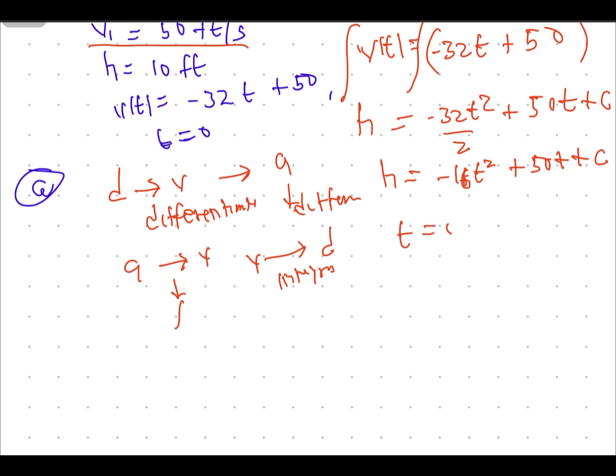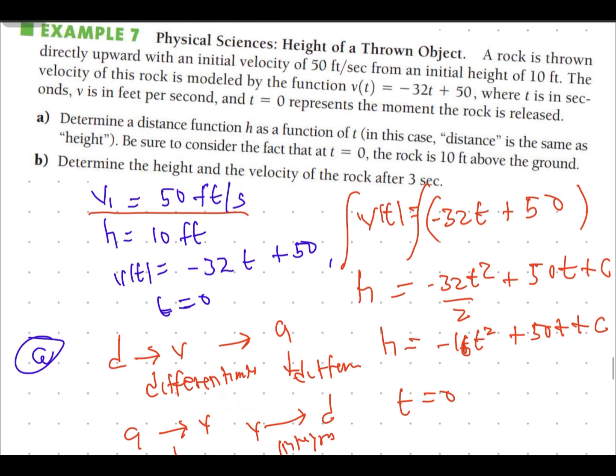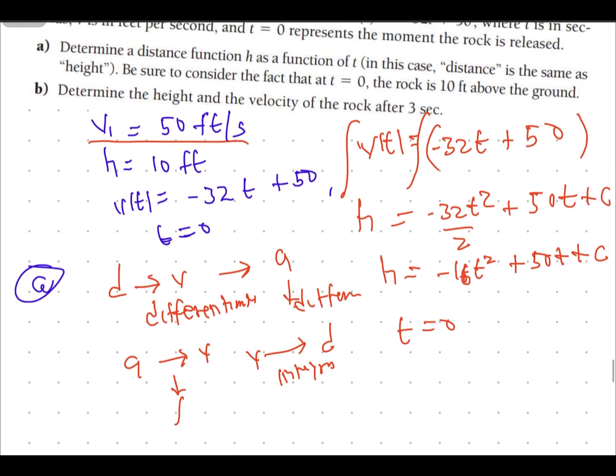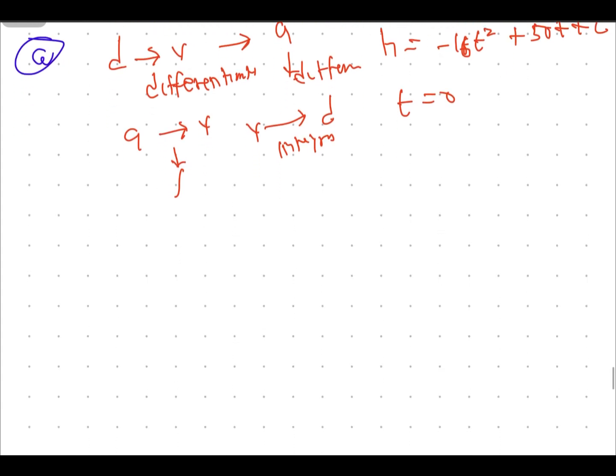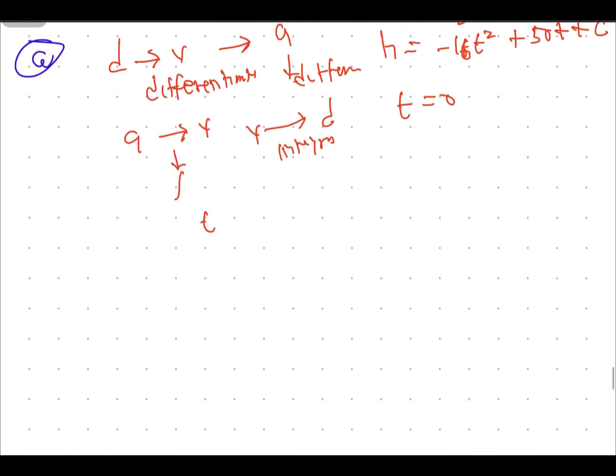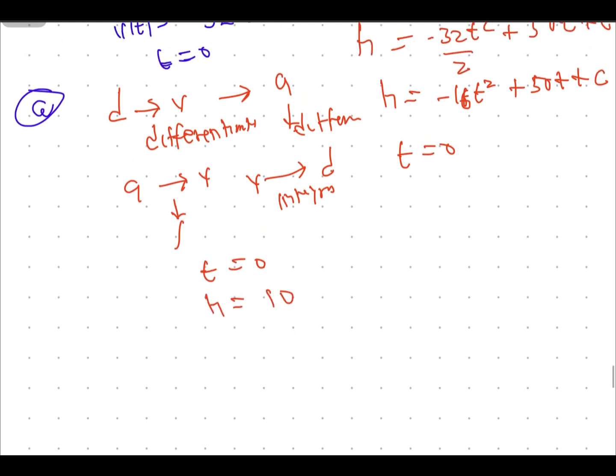But remember that they said at t equal to 0, let's read the question again: be sure to consider the fact that at t equal to 0, the rock is at 10 feet above. When the time has not yet started, the rock was initially at the height of 10 feet. So at t equal to 0, h was equal to 10 feet.